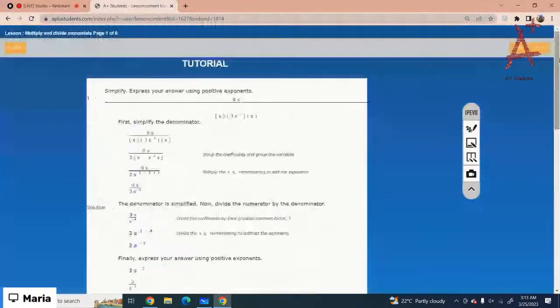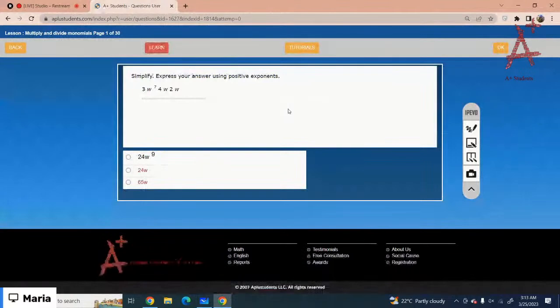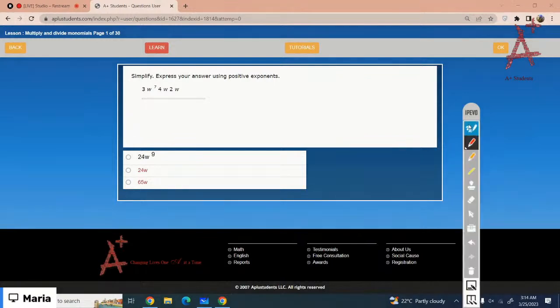Let's just start with the test questions so that we can do the practice questions. Okay, 3w7, 4w and 2w. So just multiply all the coefficients. 2 times 4 is 8 and 8 times 3 is 24. Now when multiplying the variables, you're going to add their exponents. For this one, the exponent is 7, and for the others it is 1 and 1. So it would be 8 and 9. So it would be 24w9.